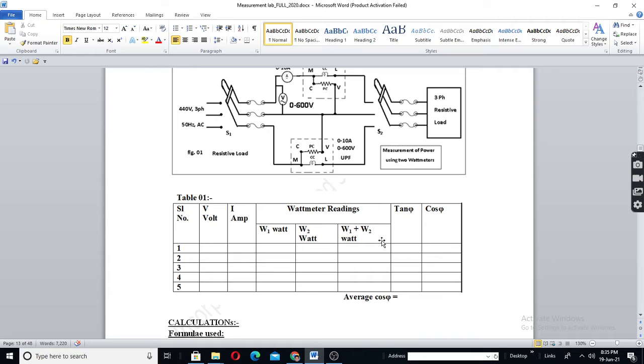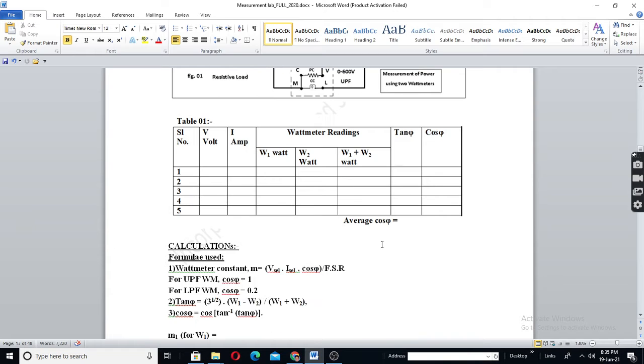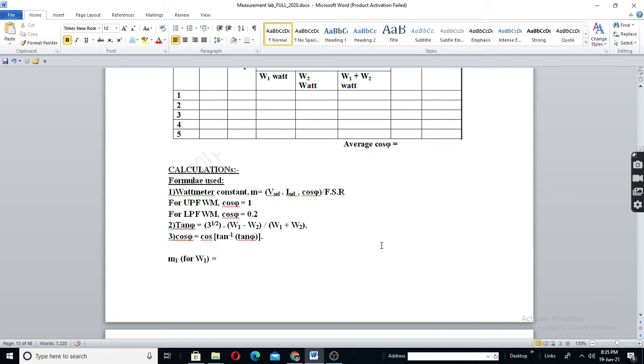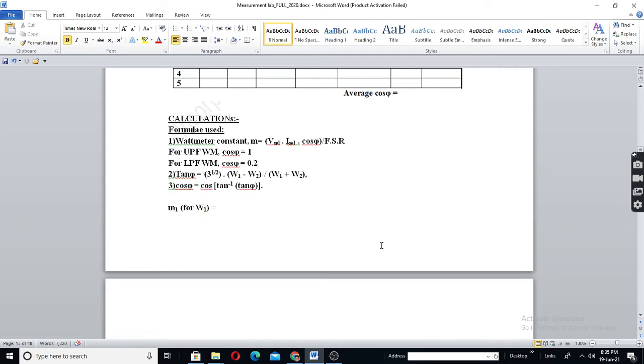You will have wattmeter constant. You have studied in first year electrical laboratory. So wattmeter constant formula is this: V selected into I selected into cos phi by full scale reading or full scale deflection.